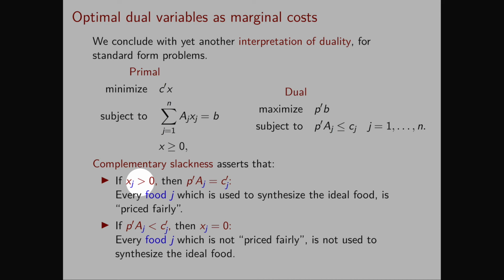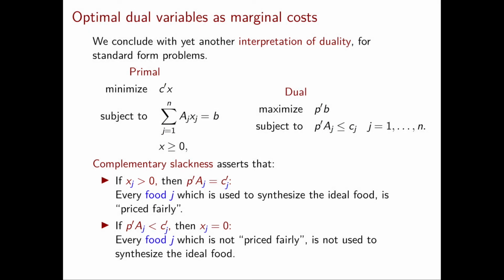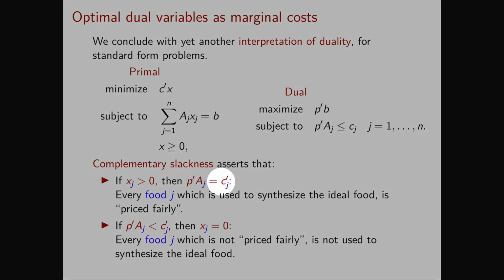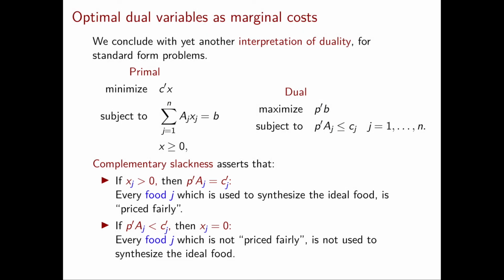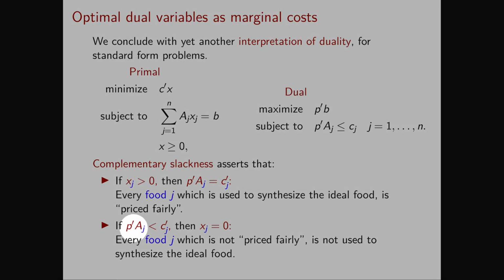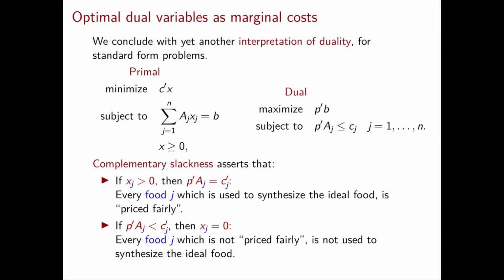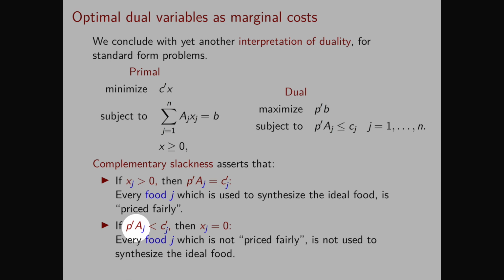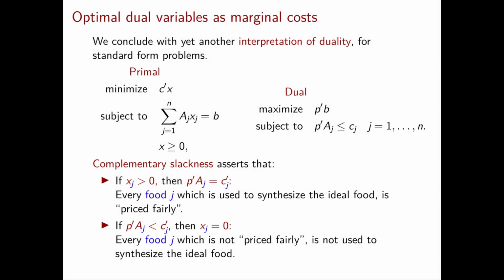This means that if the food j is used to synthesize the ideal food, then it is priced fairly, because its fair price is equal to its actual cost. On the other hand, we know that if p transpose Aj is strictly smaller than cj, then xj is equal to 0. This means that if the fair price of the food j is strictly smaller than its actual cost, then we're not going to use that food to synthesize our ideal food.